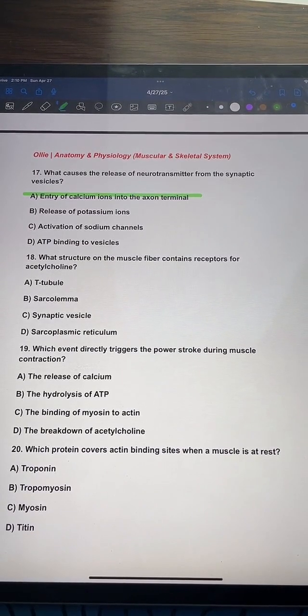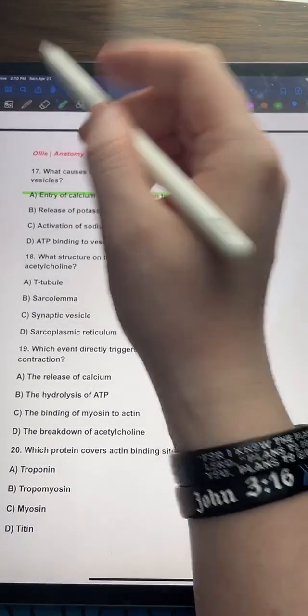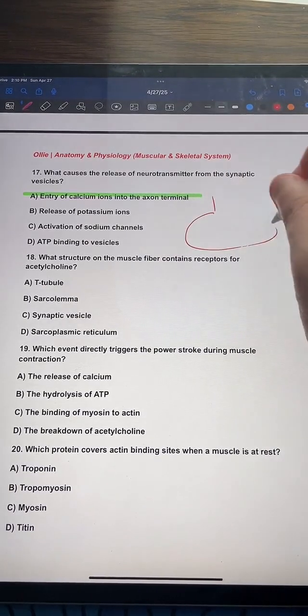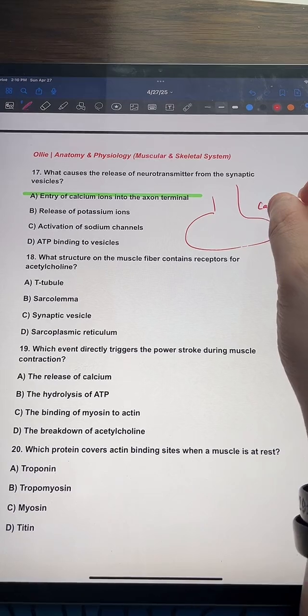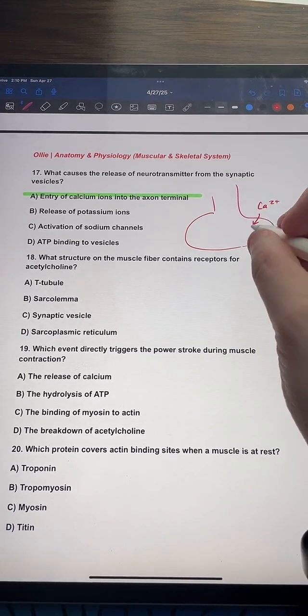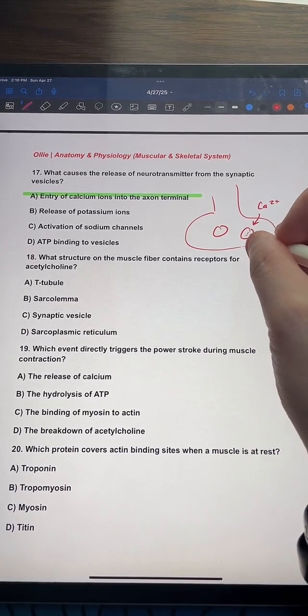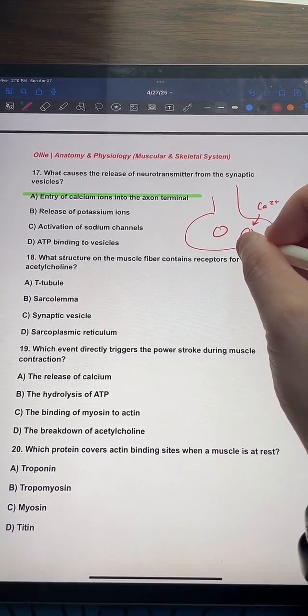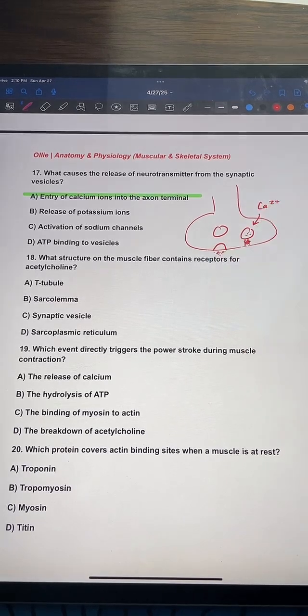So calcium influx triggers vesicle fusion and ACh release. So we talked about earlier at our axon terminal here, as our action potential travels down, we have calcium channels that rush in, and they bind to the vesicles, and they kind of attach them here, so they morph into and release acetylcholine.